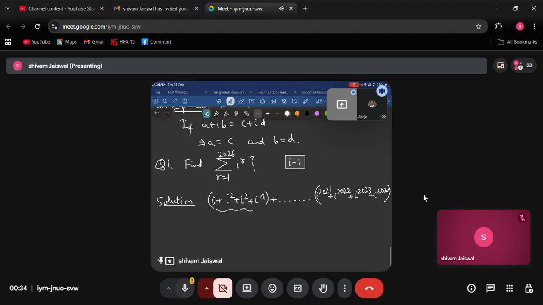Okay, what is the sum? Tell me, Arif, Shamli. The sum of 4 consecutive powers is equal to 0? Yes, sir. Right. So only the sum of the last two terms is required.